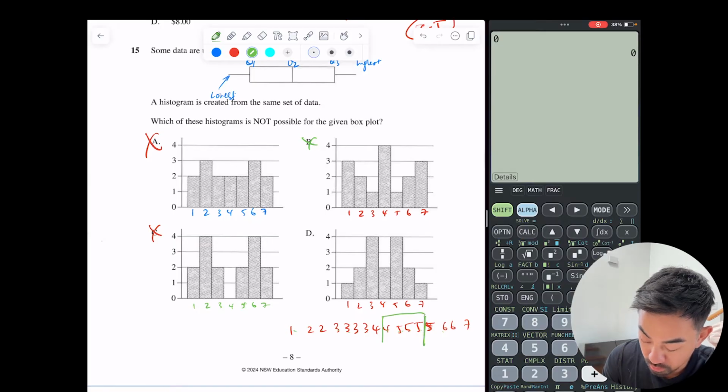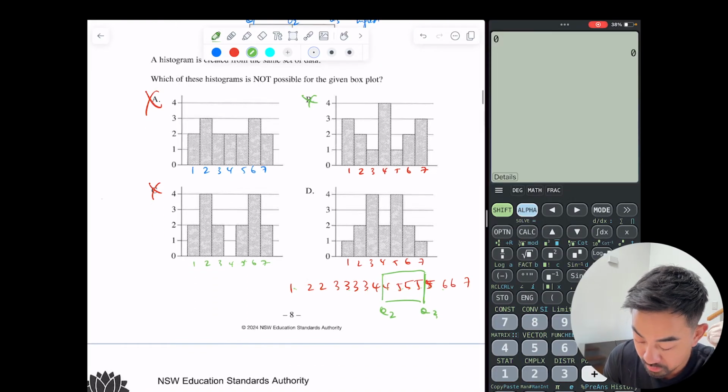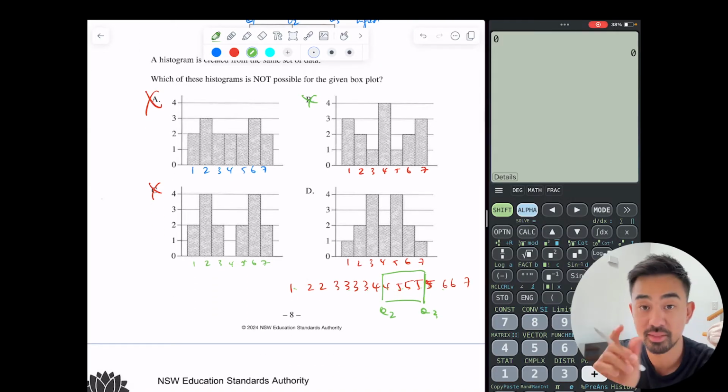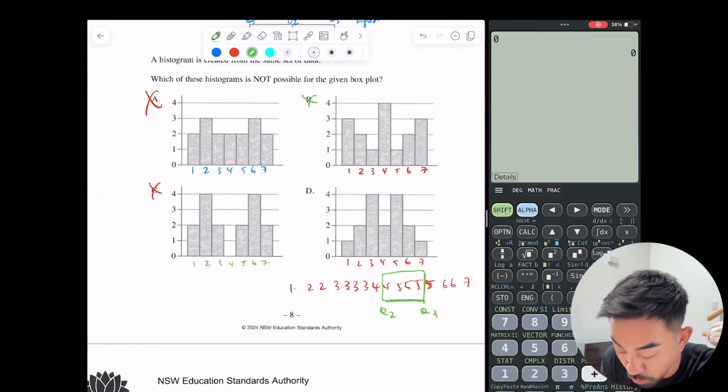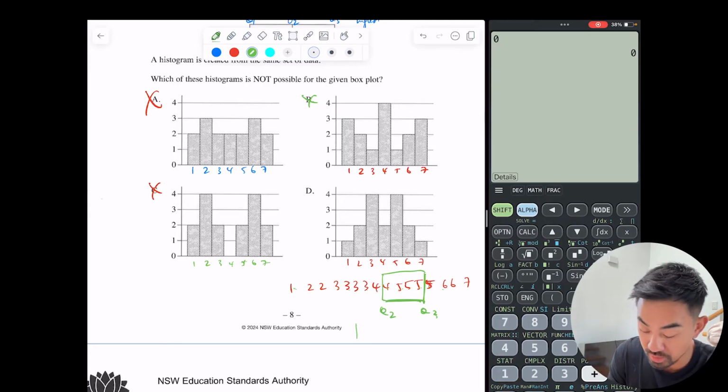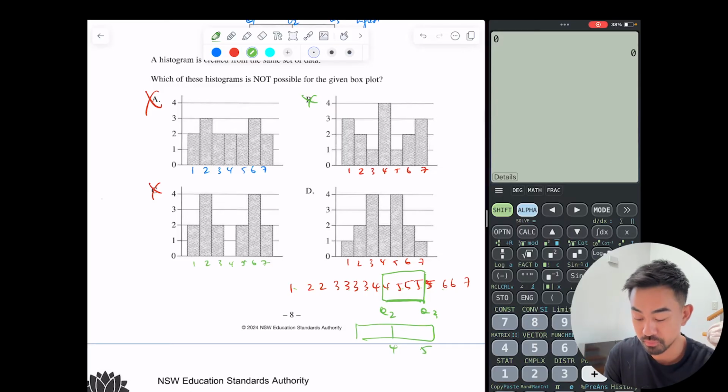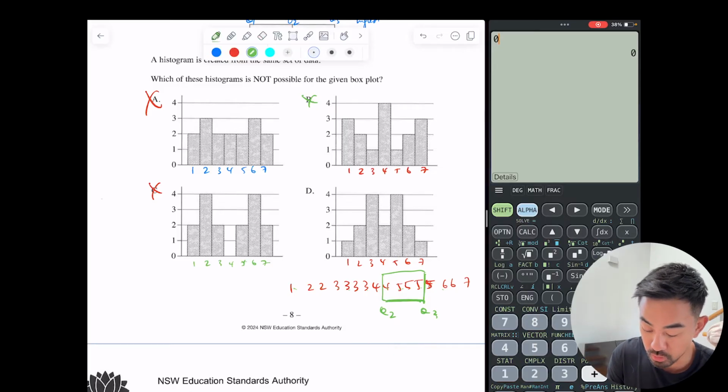Okay, so if I look here, I think it's there. So Q2 and Q3, right? All the distance there is just 4 and 5. It's 1 unit. So this box plot, imagine that 4, that's 5. I'll do it smaller. So imagine this was a number line.